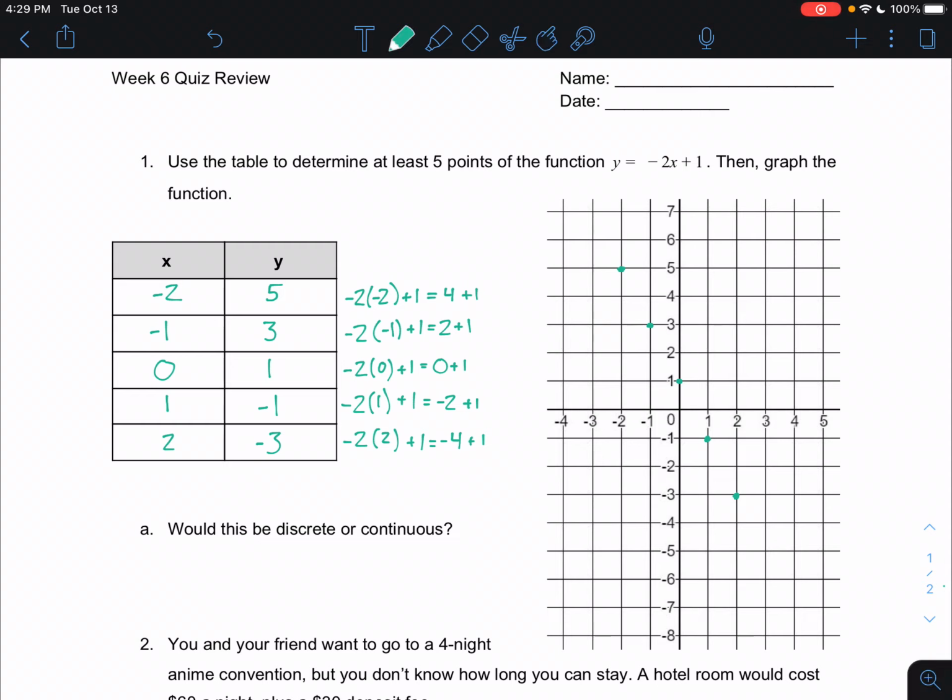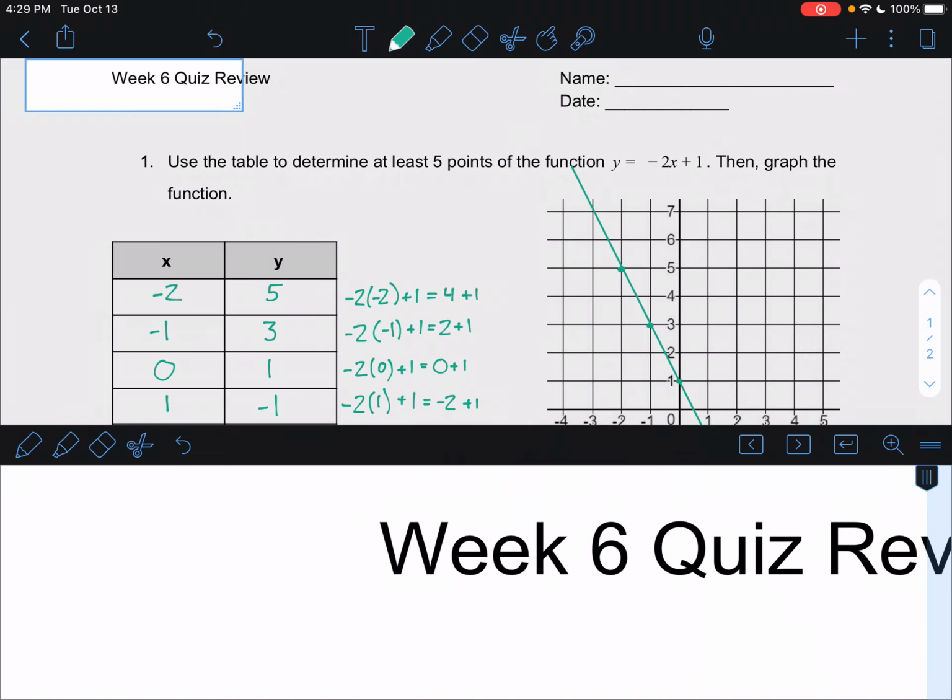So this means that I would connect these points, and I would make them go on forever. I want that to be a straight line that continues on forever, because I could plug in any x value and get a y value. It's not like it's not going to exist for some numbers.